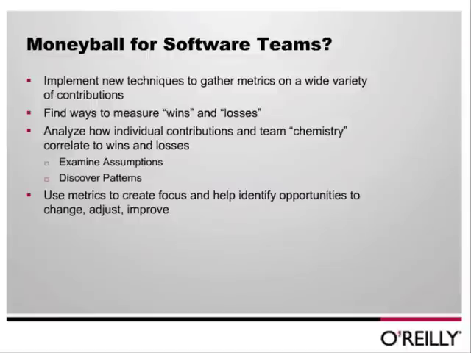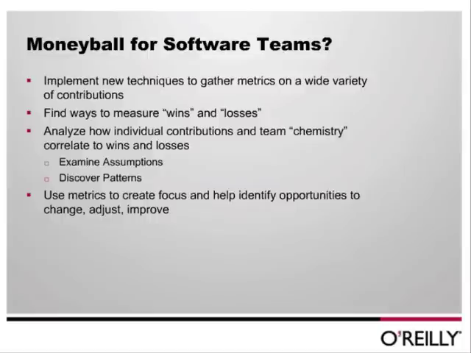Second of all, we are going to figure out a way that we can measure success and failure for our teams on projects, on the software that we produce ourselves. So we need a way to measure our successes and failures, because that becomes the key to help us analyze how our skills, contributions, and team chemistry go into our successes and failures.